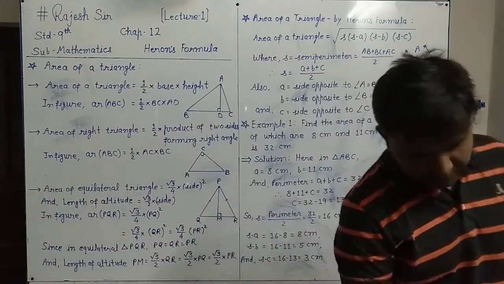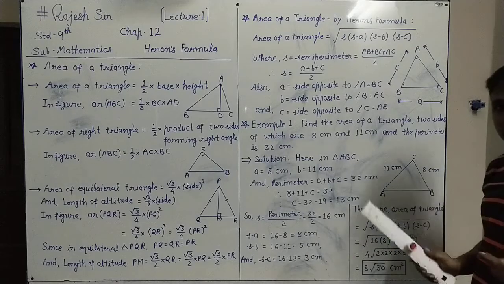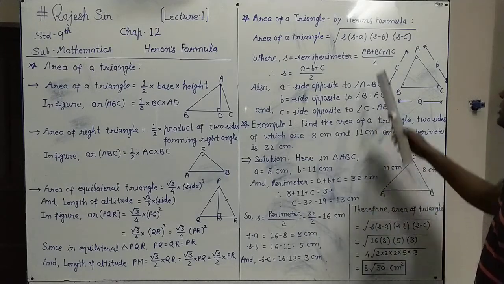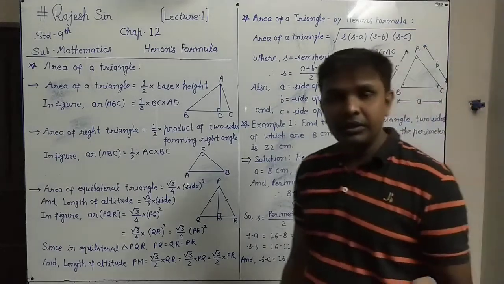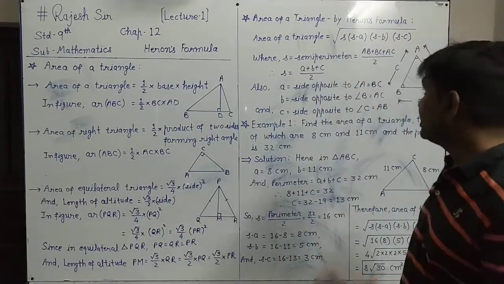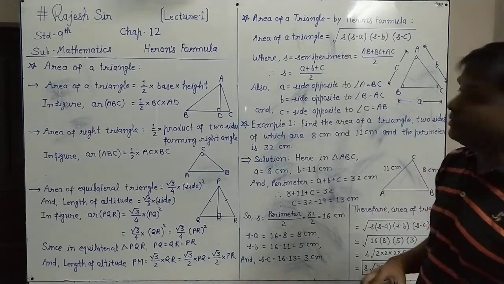This way, we use all the notations in the formula. In short, a, b, c are the three sides of the triangle, given as measures, and S is the semi-perimeter, half of the perimeter.